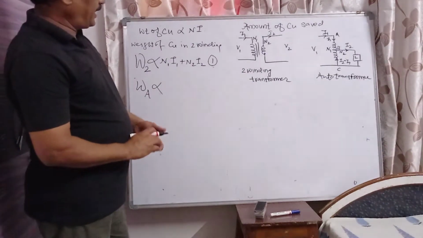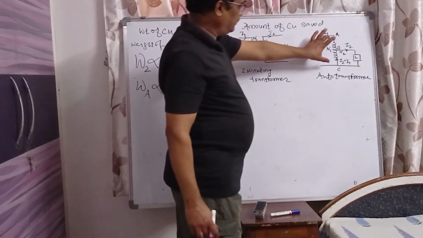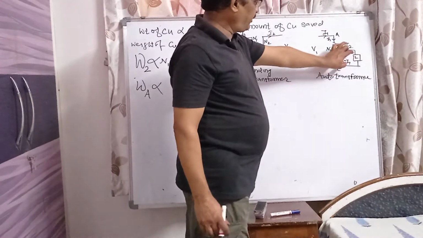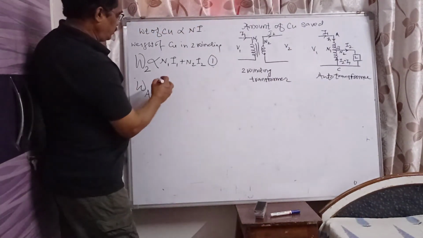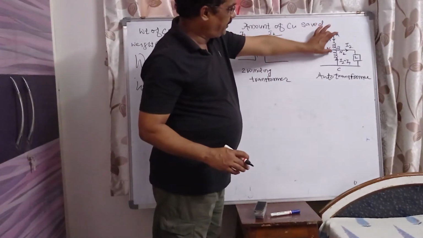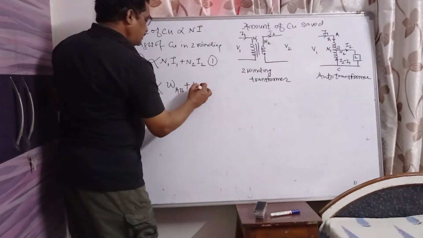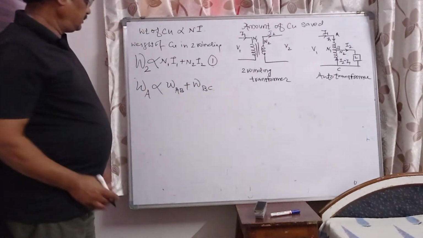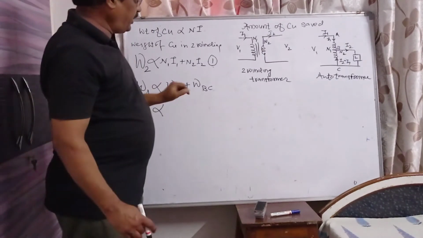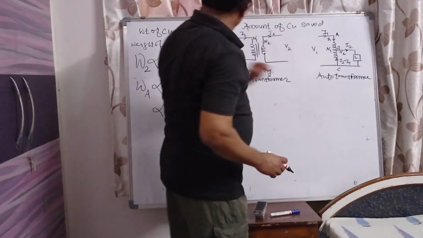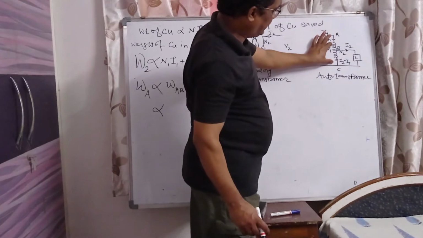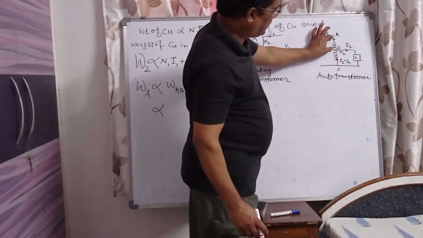So there are two parts, A to B and B to C. So WA is WAB plus WBC, that will be from A to C. It is proportional to, for A to B, the product of N and I. The A to B number of turns will be N1 minus N2. This is N1, this is N2. So A to B it is N1 minus N2.